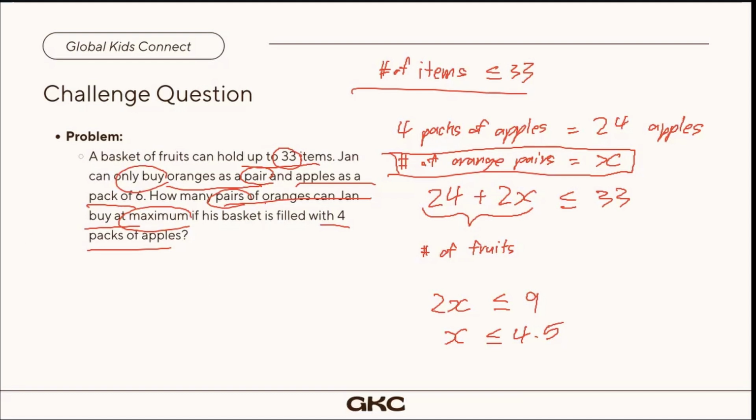And therefore, we have to find the x value that is an integer while also being the maximum value it can be, because our question asks for the maximum number of pairs of oranges. If we know that, then we can say that the largest x can be will be 4. And therefore, our final answer will be x equals 4, or 4 pairs of oranges.